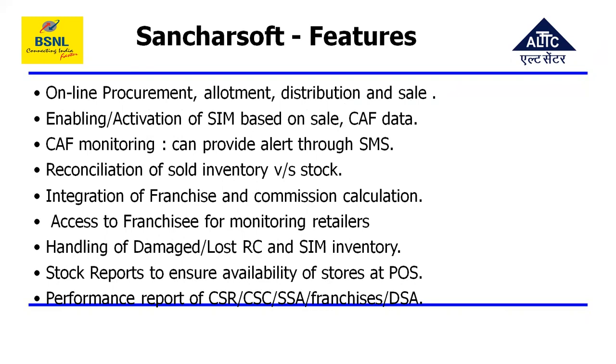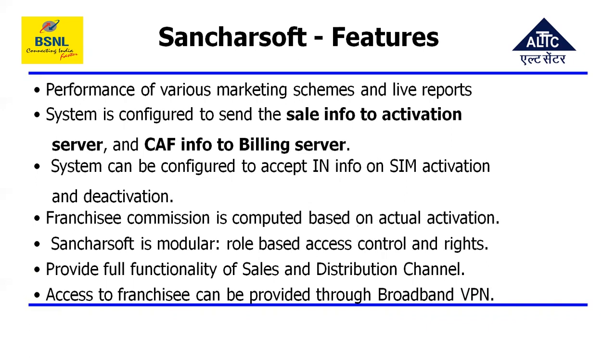CAF monitoring can provide alerts through SMS, reconciliation of sold inventory versus stock, integration of franchises and commission calculation, and access for franchises to monitor retailers. It handles damage, loss, RC, and SIM inventory, and provides stock reports to ensure availability of stores at POS, performance reports of CSR, CSC, SSA, franchises, and DSA, and performance of various marketing schemes and live reports.